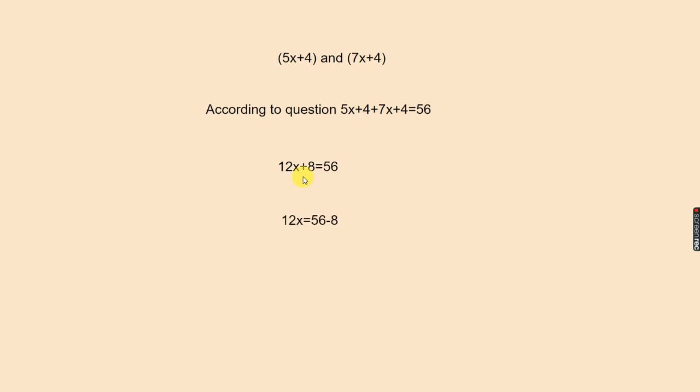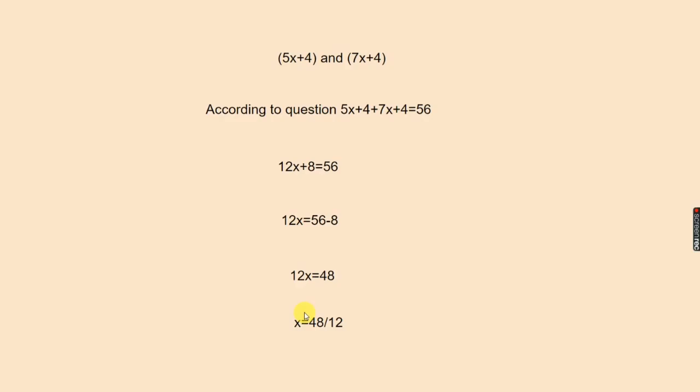Now we would transpose this 8 to the other side. It would go with the negative sign. So 12x is equal to 8 subtracted from 56, we got 48. Now 12x is equal to 48 and x is equal to 48 upon 12.